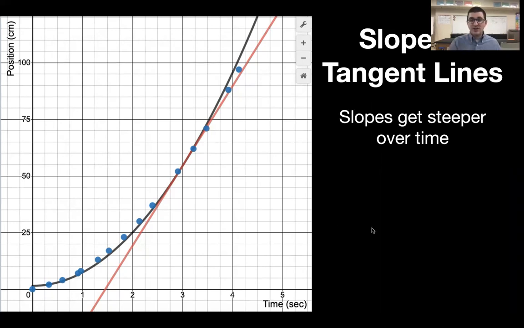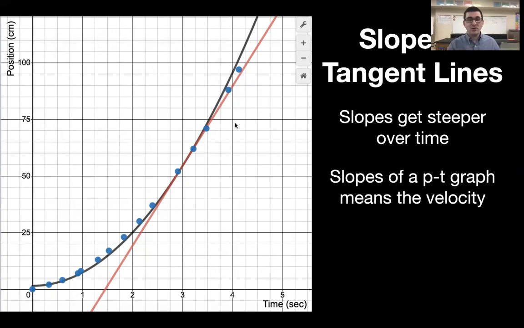The other thing that's really important for you to notice about the slope of the tangent lines, if we go back to that video, is that as time goes on, the tangent slopes were getting steeper and steeper and steeper. So if the slope means the velocity and the slope is getting steeper and steeper, or bigger and bigger, what does that mean in terms of the velocity of our ball as it was rolling down the incline?